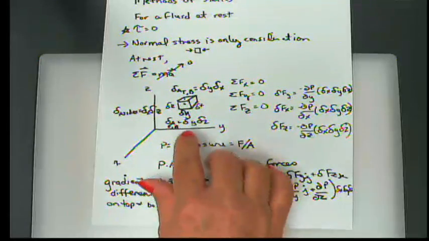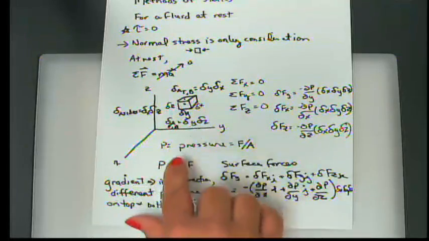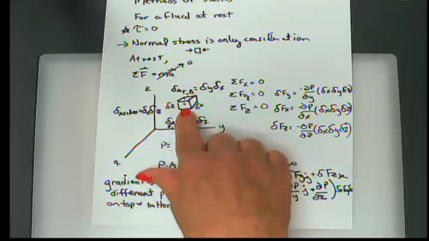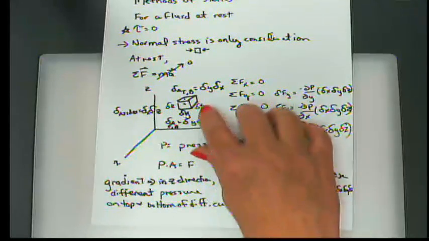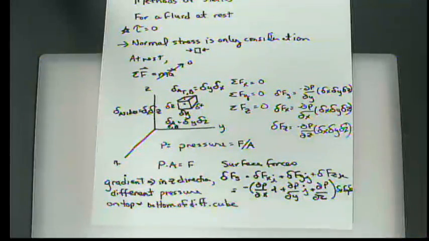If we look at the areas of each of the faces, del y times del z gives the area on the front and back of the cube. Del x times del z gives the sides of the cube, and del y del x gives the top and the bottom of the cube.